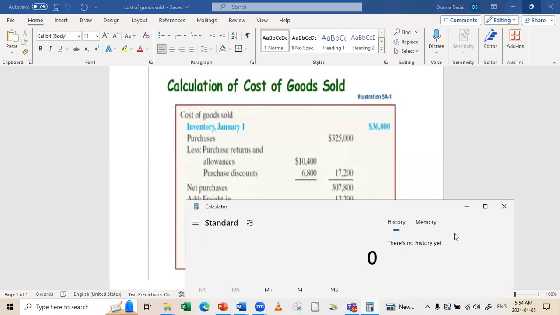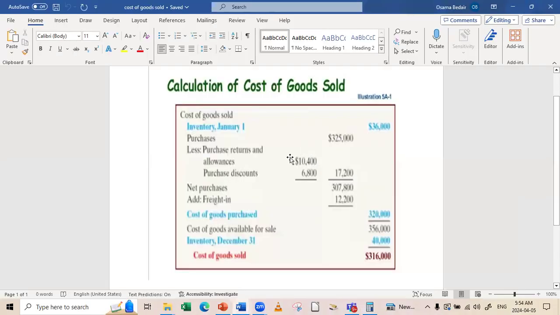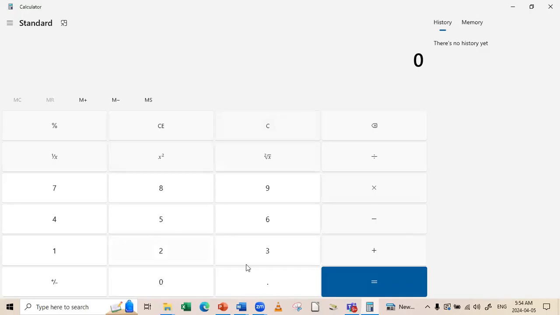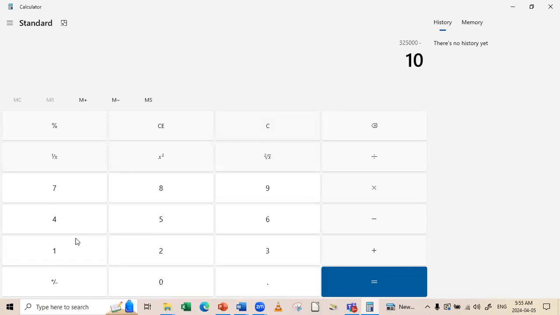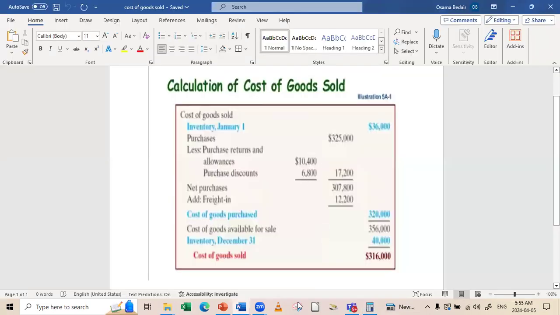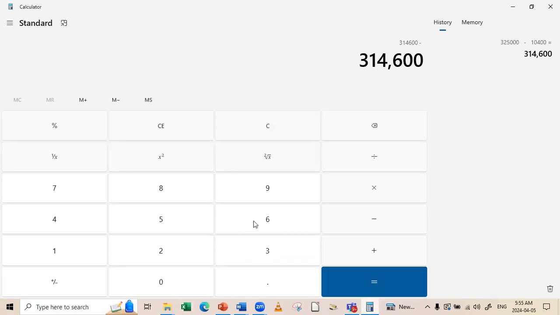Cost of purchase will equal the number of the purchases, 325,000, minus the allowances, 10,400, minus again the 6,800, which is the purchases discount.